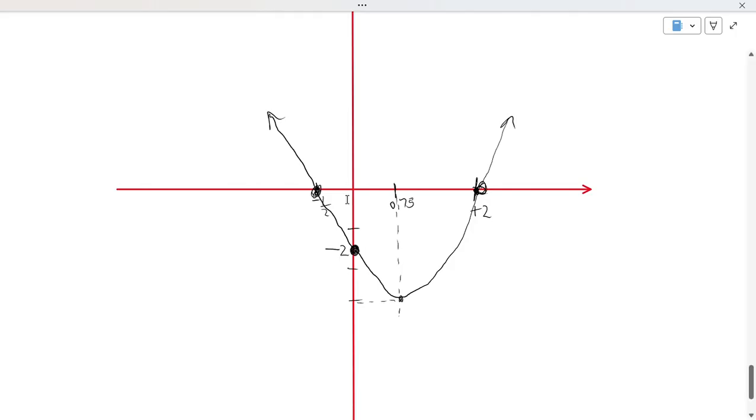And now I want you to plot this one for me. Let's say negative x squared plus 2x minus 1. Sorry, not minus 1, plus 1.